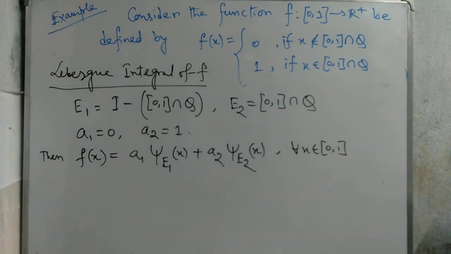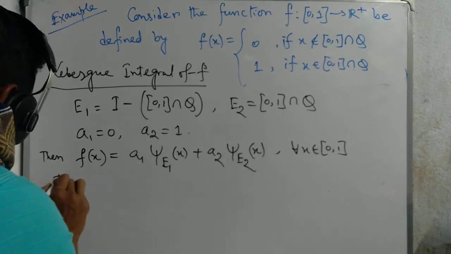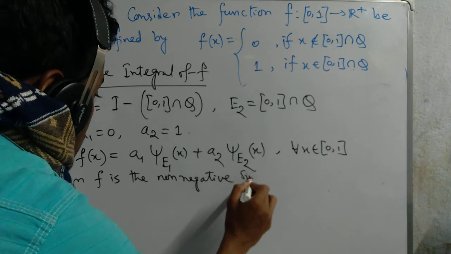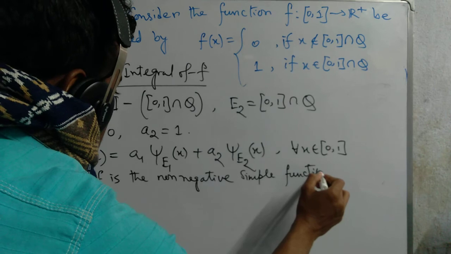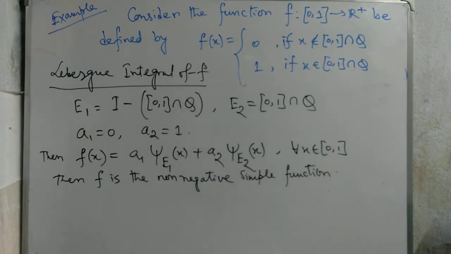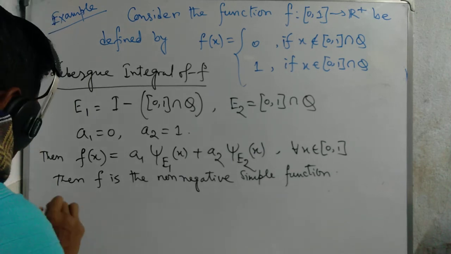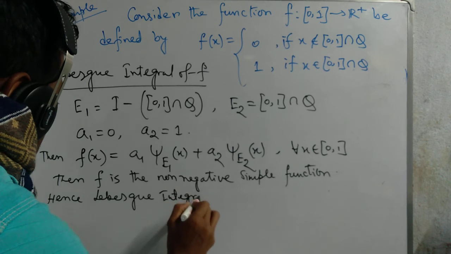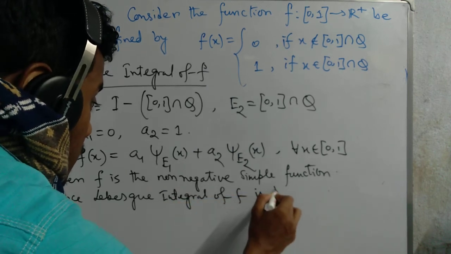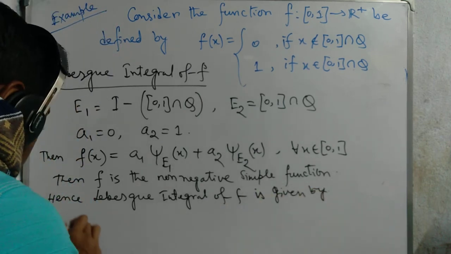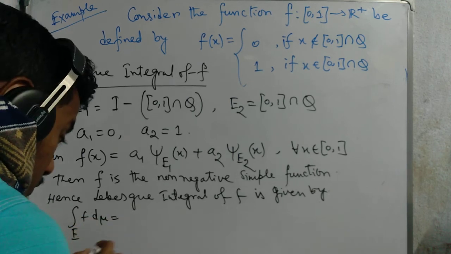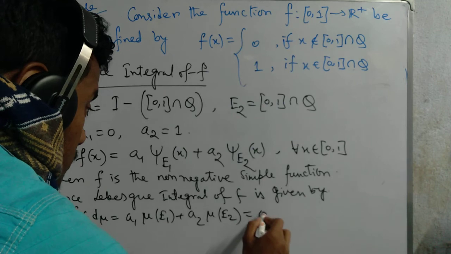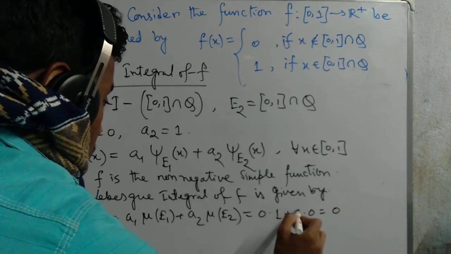Then f is a non-negative simple function. Hence the Lebesgue integral of f is given by the integral over E of f d mu equal to a1 mu(E1) plus a2 mu(E2), which equals 0 multiplied by 1 plus 1 multiplied by 0, equal to 0.